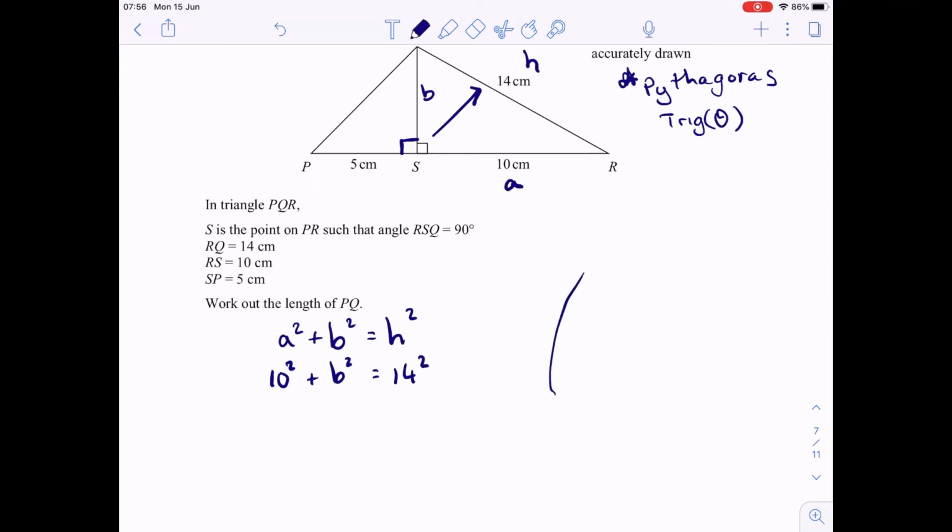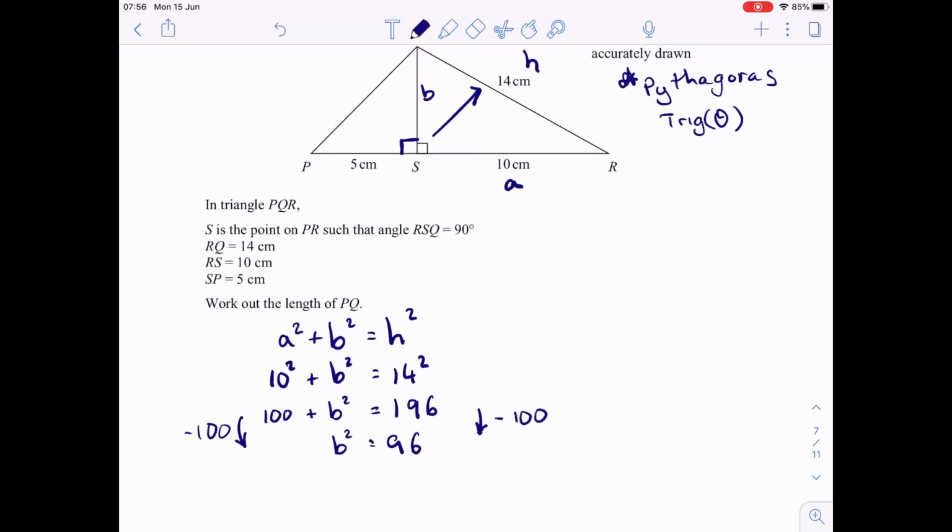Okay, so this is going to be 100 add B squared equals 196 if I type this in on my calculator, and then if I take away 100 from both sides, then I end up with B squared on the left equals 96.